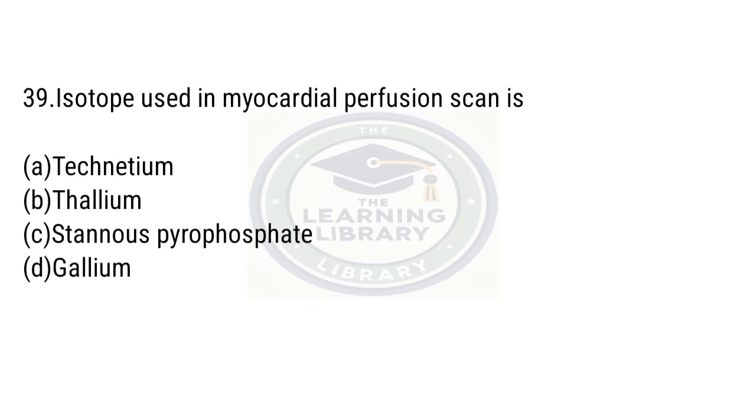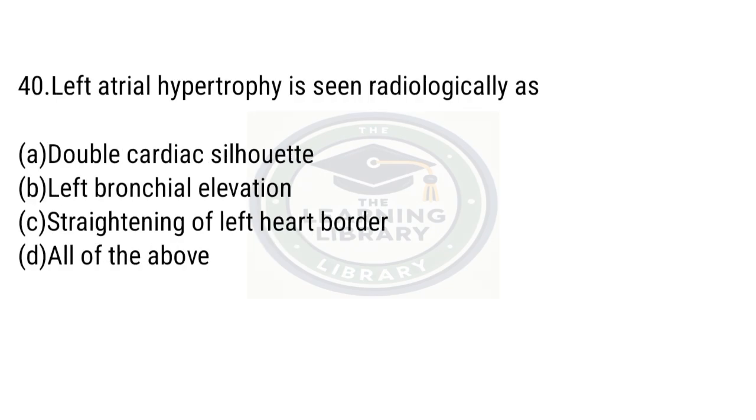Question number 39. Isotope used in myocardial perfusion scan is. The right answer is option B, thallium. Question number 40. Left atrial hypertrophy is seen radiologically as. The right answer is option D, all of the above.